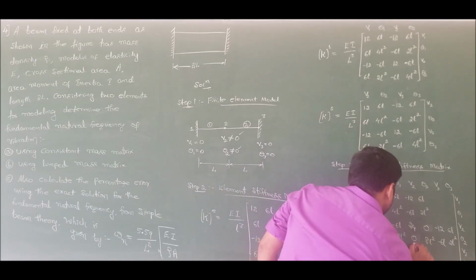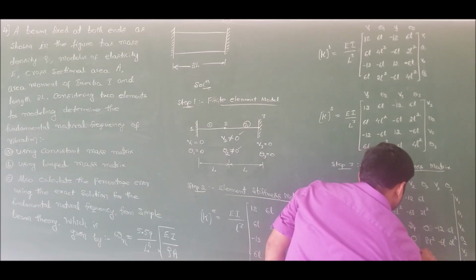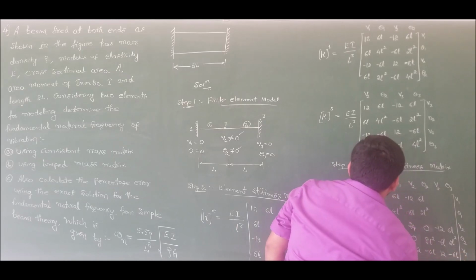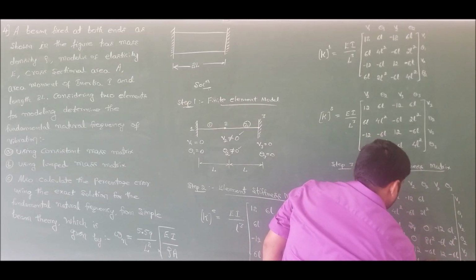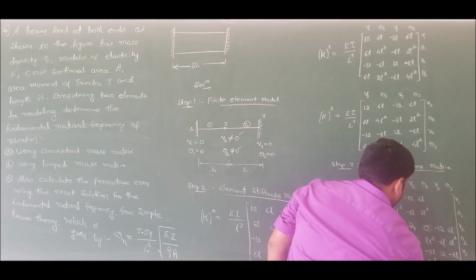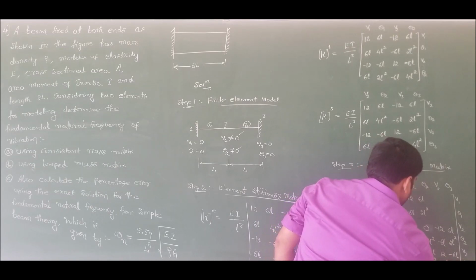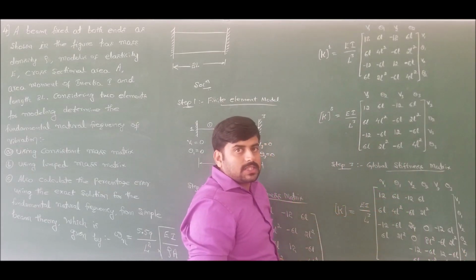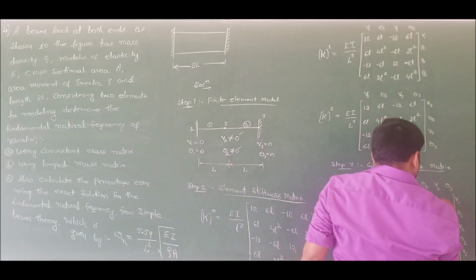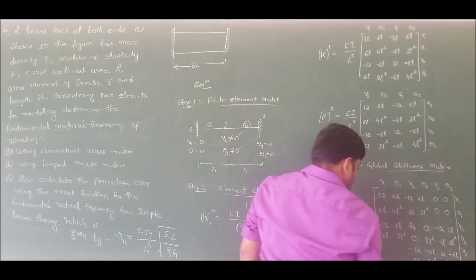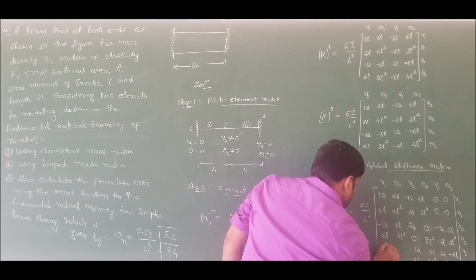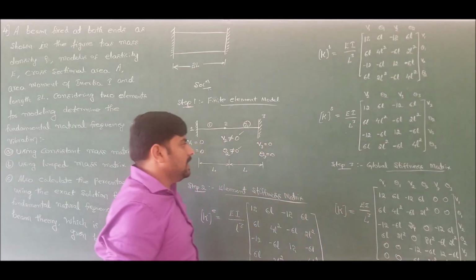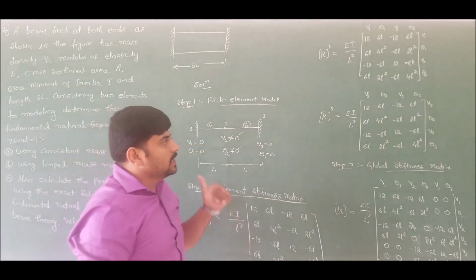So if you do that directly, I can write it as minus 12, minus 6L, 12, minus 6L, and the last one is 6L, 2L square, minus 6L, 4L square. Now fill the unfilled positions with zeros. So here we will get 4 zeros, and at the bottom left corner also we will get 4 zeros. So this completes the global stiffness matrix for the given problem.